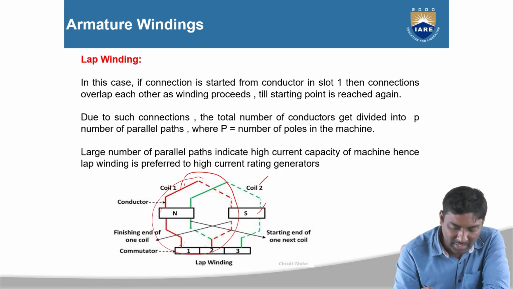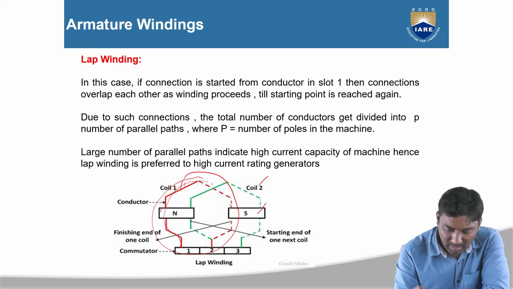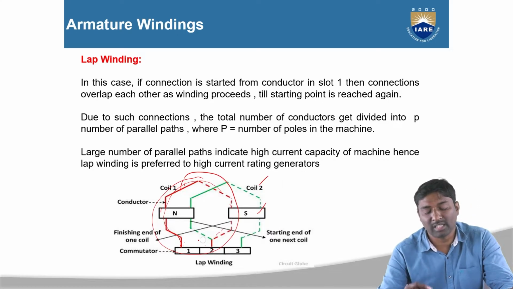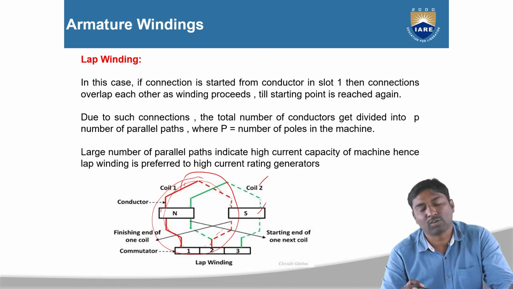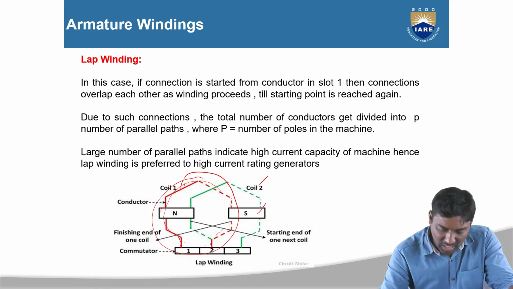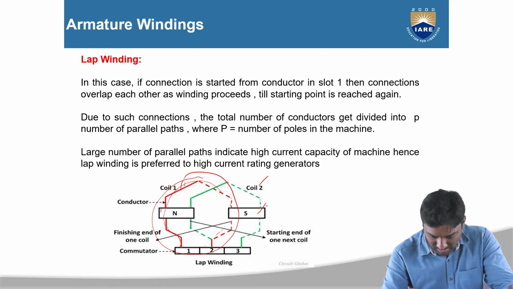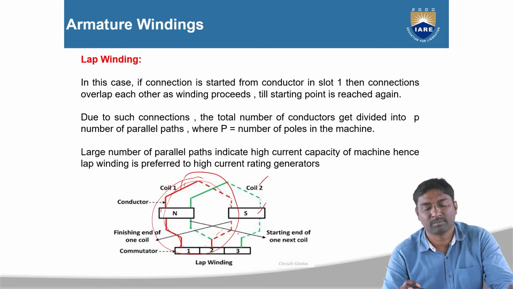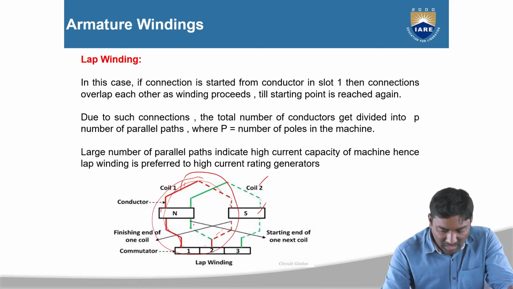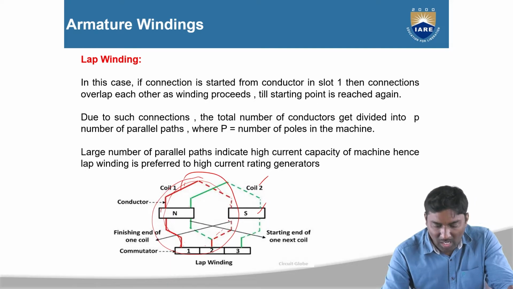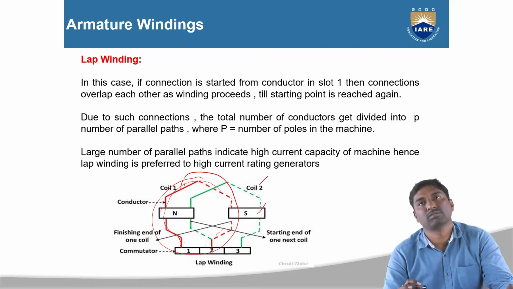So the starting point is here, and the other coil side of the second coil is connected at slot 2. The second coil starts at slot 2 and ends at slot 3. So coil 1 and coil 2 are overlapping each other in slot 2.